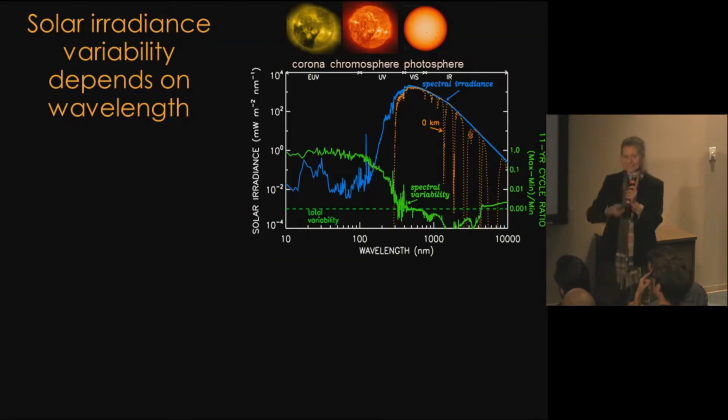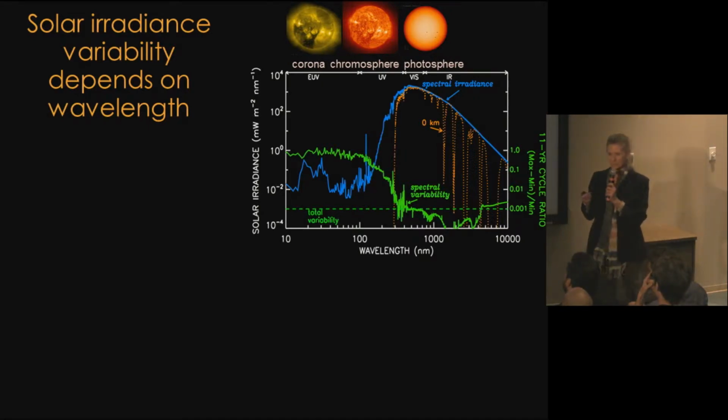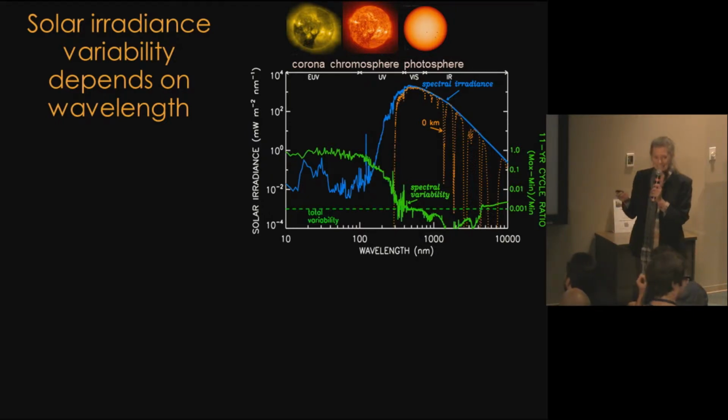I didn't mean to disparage the speaker who confused X-rays and other things, but it's important to know exactly what you're talking about, because here's the spectrum of the sun's radiation. This goes down into the soft X-rays. This is the EUV region, far ultraviolet.